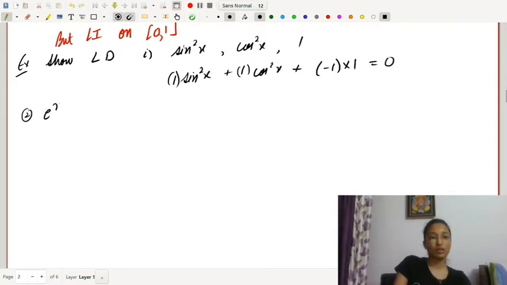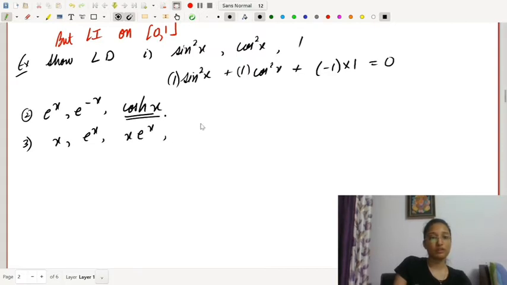Second, e raised to power x, e raised to power minus x, cos hx. It is a homework for you. Use the definition of cos hx. Third, x e raised to power x, e raised to power x, and 2 minus 3x times e raised to power x. It is also simple.